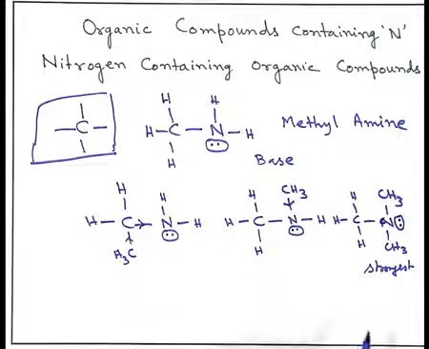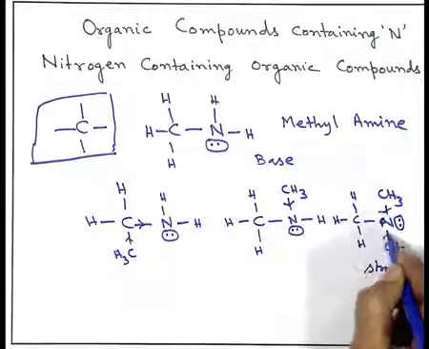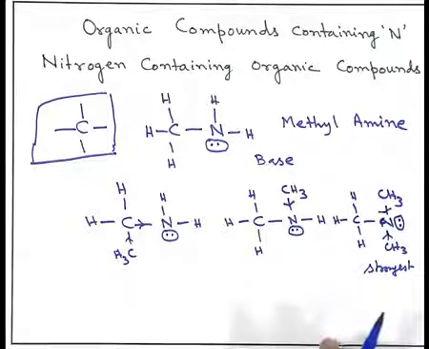Why? The reason being two methyl groups will increase the electron density of the nitrogen atom. So, the capability to donate electrons also will increase. So, it will be a stronger base.